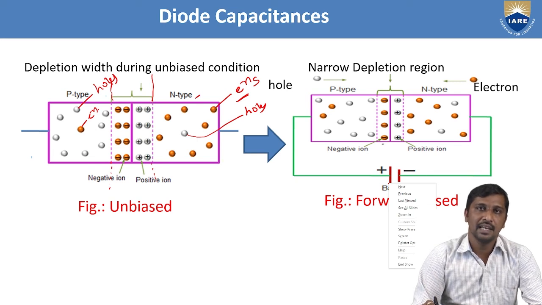And whenever this electron and hole pair disappears, conduction takes place across the junction. So hence it allows maximum conduction.